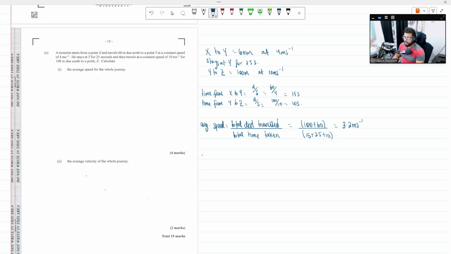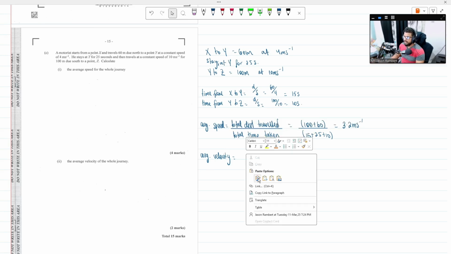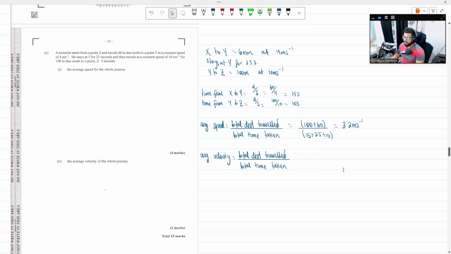Now my average velocity, same formula, but this time we have to take into consideration, instead of distance, displacement.